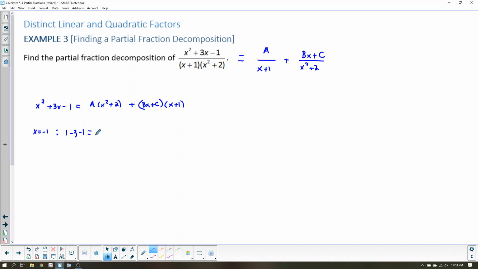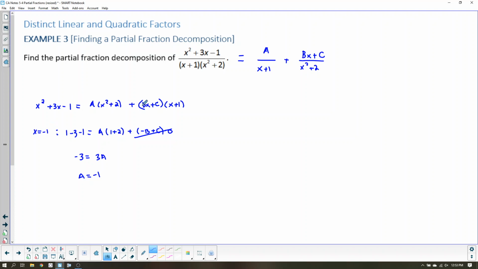When I plug it in here, we're going to have a times 1 plus 2. And here you're going to have negative b plus c times 0. So this gets wiped out. That 0 kills that whole thing. Over here, we're going to get just -3, and then we have 3a. So a is -1. Okay, so that was the obvious choice.